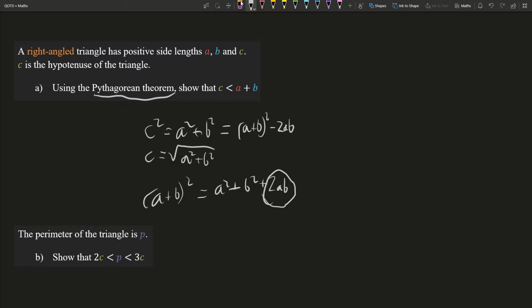And because of that, well, a is positive and b is positive, so overall this must be negative. So in fact, we can safely say that c squared is less than a plus b squared. And actually, if we square root both sides, we get exactly what we want.